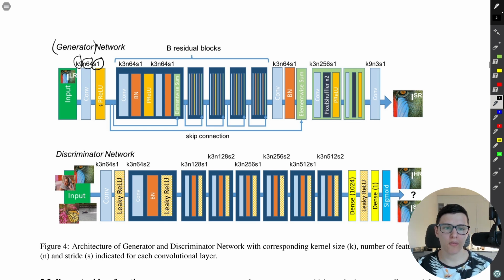So conv, and then they use a parametric ReLU, which, don't bother too much about it, but it's basically similar to leaky ReLU, except that we can decide the slope, and it's going to be different. We can basically have a slope that is different for each channel output.